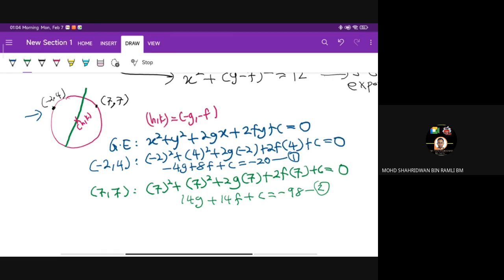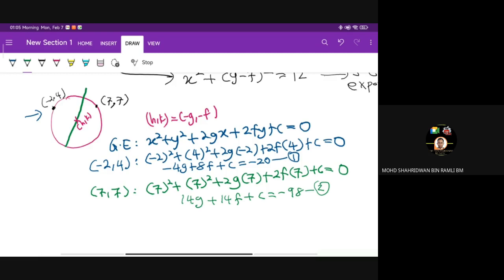So we need to key in each unknown into our calculator. For example, our first is negative 4g, so negative 4, then 8f, and then 1c, so 1, negative 20. Simple. And then the next one is 14g, 14f, and 1c equals negative 98.